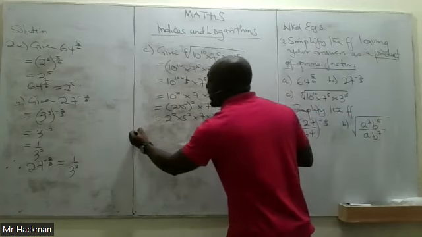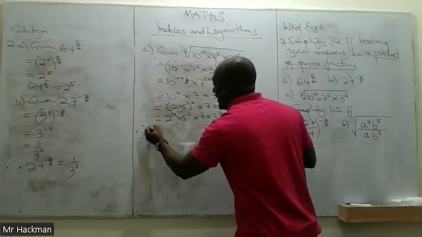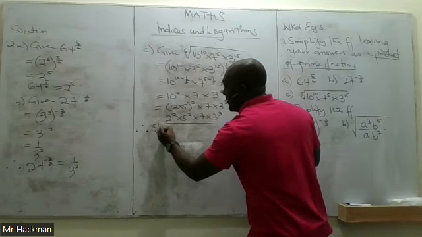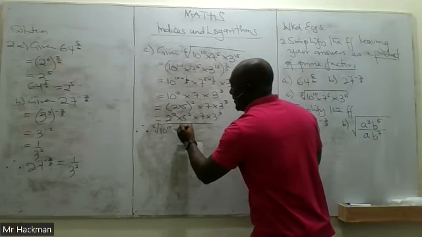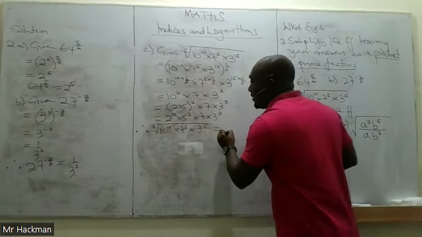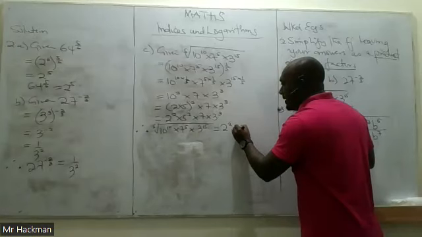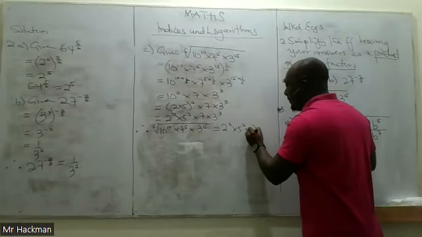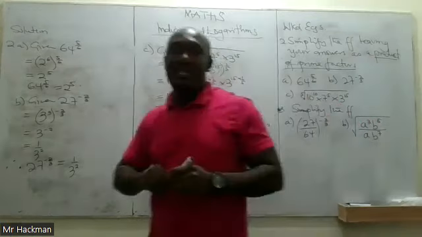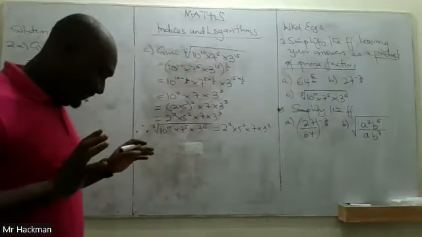So you draw your conclusion. I hope you are following. It's equal to 2 squared times 5 squared times 7 times 3 cubed. Hello, are we all fine?